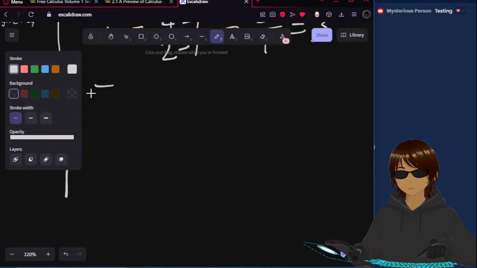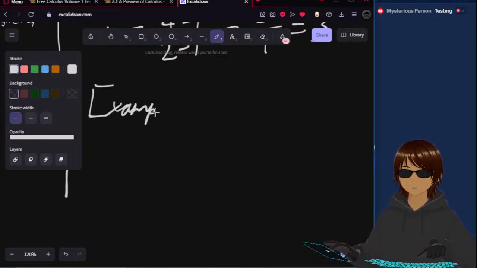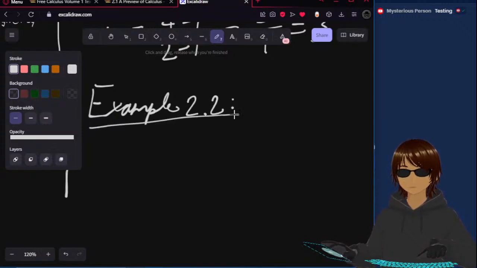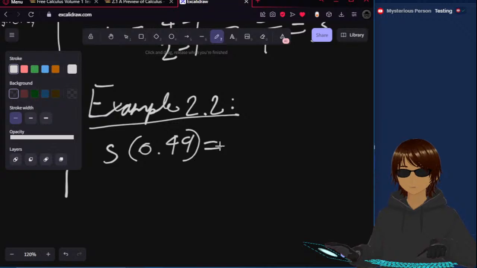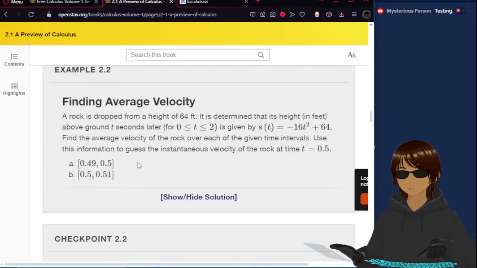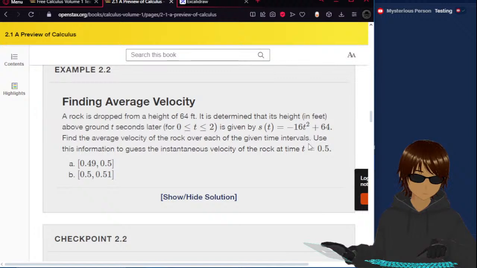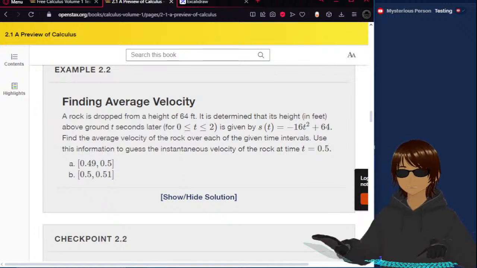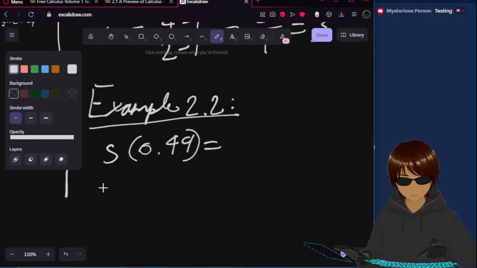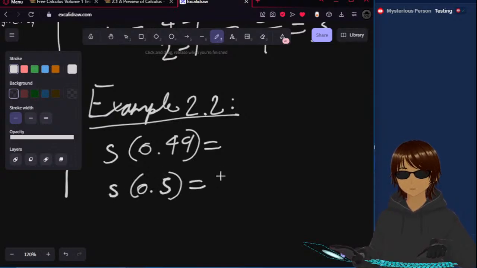Example 2.2. So S of 0.49, S of 0.49. I just calculated S of 0.5. S of 0.5 is 60.